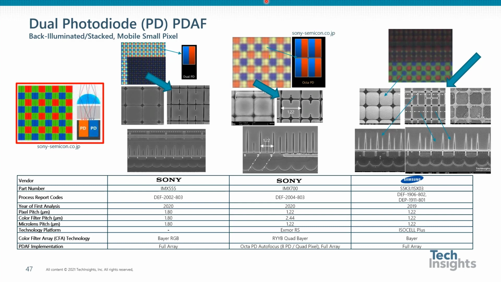Samsung, on the other hand, has a rather complex approach to dual photodiode. Here we see Samsung's approach consists of a repeating block of 4 pixels: a single diode pixel, 2 diagonal pixels that are dual photodiodes, and a 4th pixel which is a quadruple photodiode.